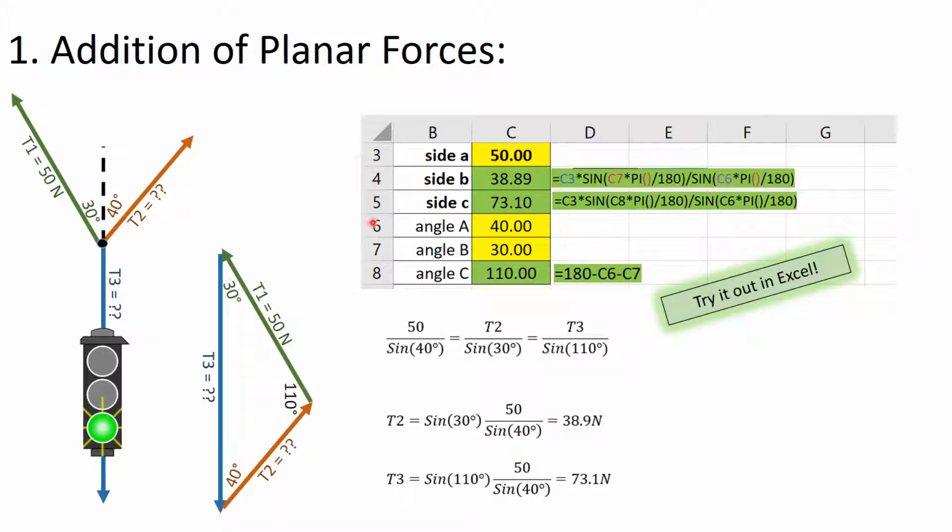So you can set this table up to fill in one side and two angles and have Excel automatically calculate everything else about that triangle for you, so you don't have to go through these calculations by hand over and over again. So pull open that Excel file and try it out in Excel.